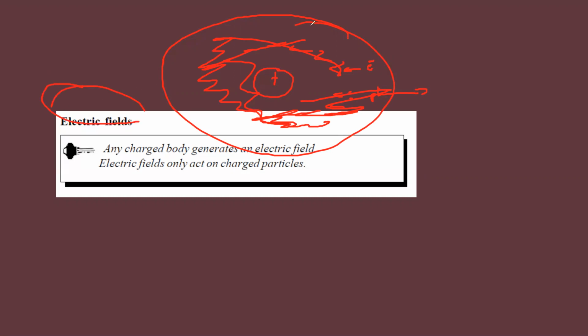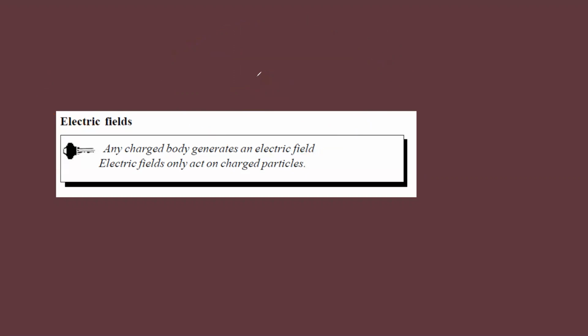But there is a standard definition for the electric field. It is a region around the charge where a test positive charge can experience force. The reason for making a standard definition is so that we have a specific direction for electric field.